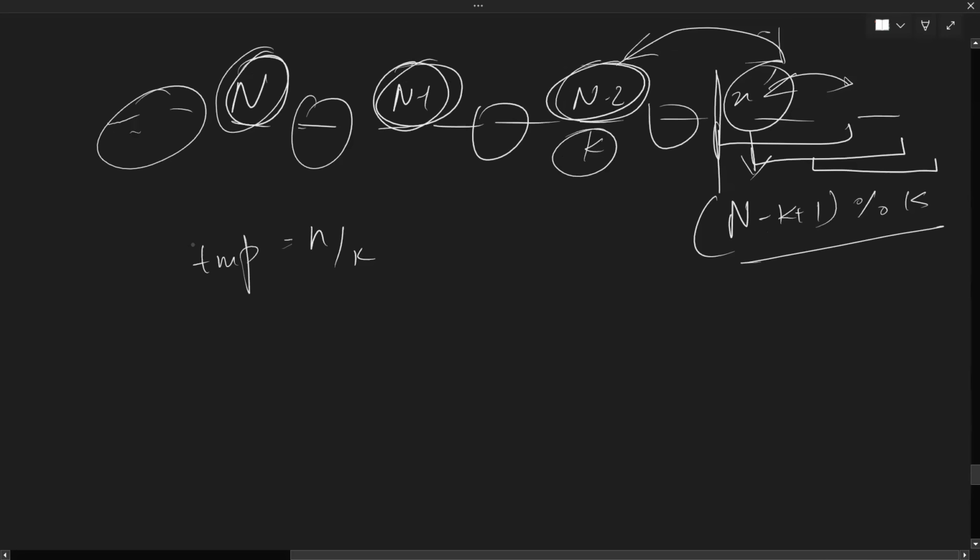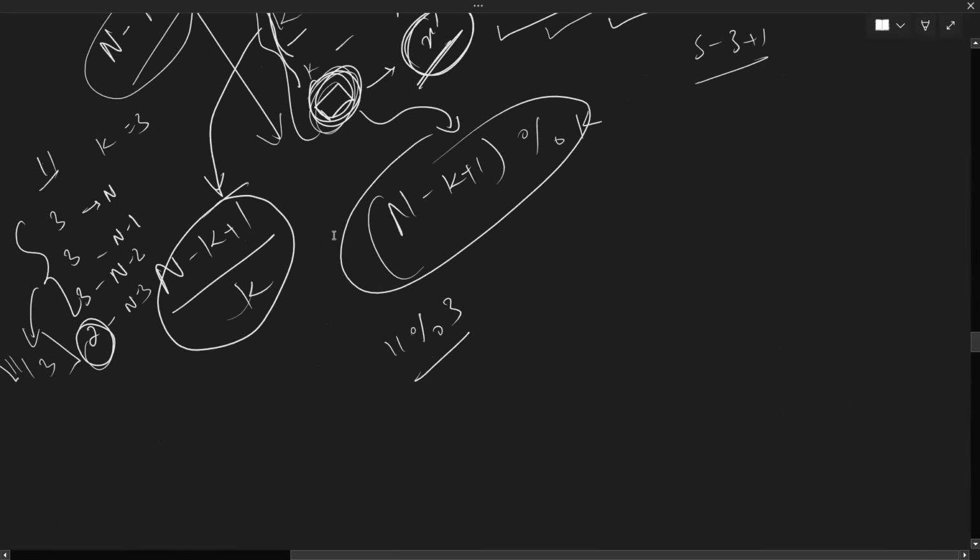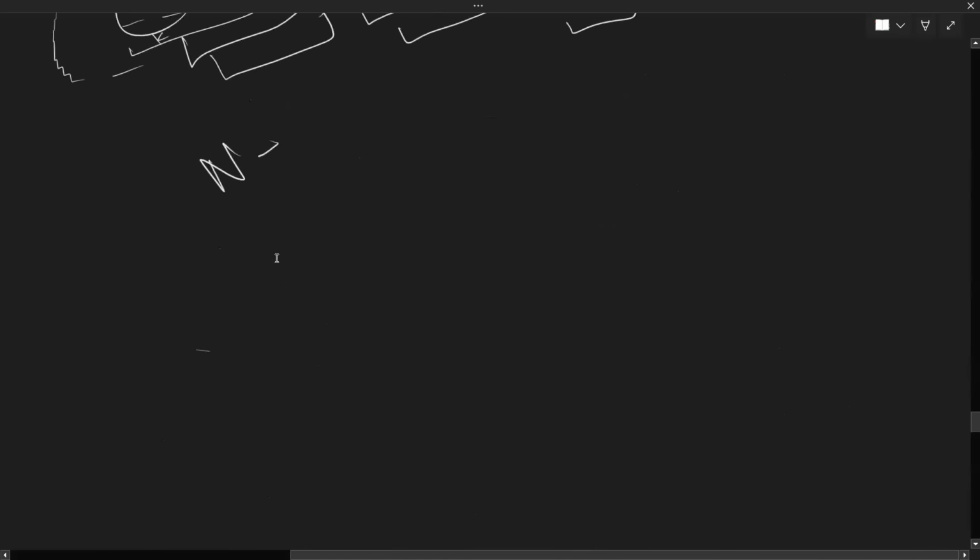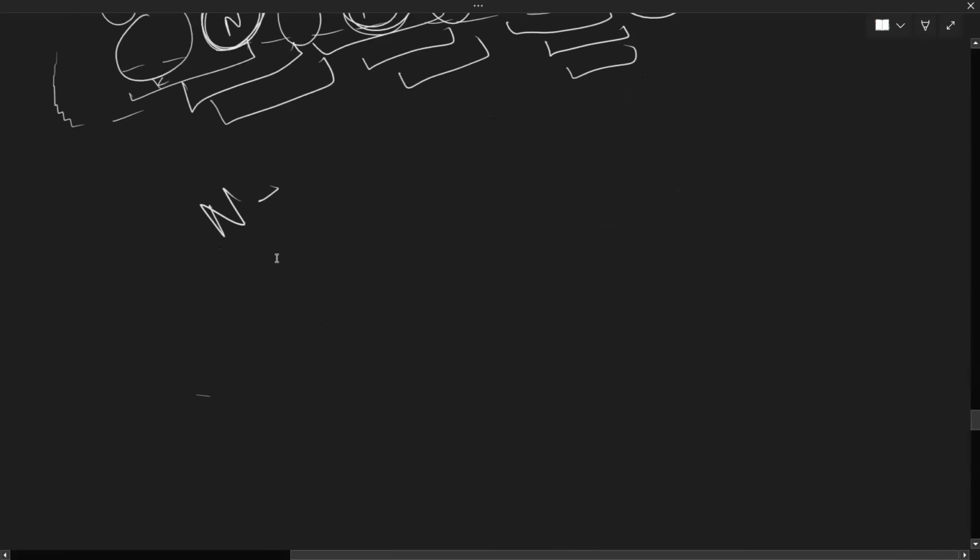Like this is k for k subarrays. This is also k. This is also k. Same thing as whatever I have written here, n minus k. You write n minus k plus 1 by k or n by k, you'll get the same thing.